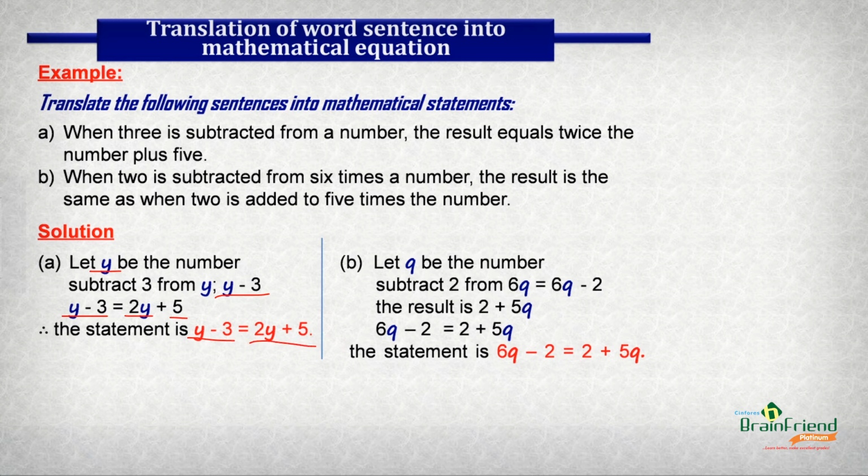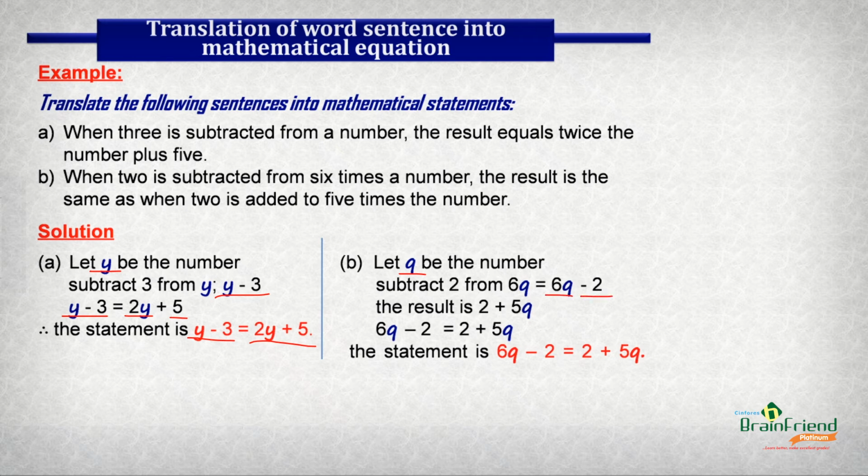To the next example, when 2 is subtracted from 6 times a number, the result is the same as when 2 is added to 5 times the number. Now, we call the unknown q. In this case, it says subtract 2 from 6 times the number. So, 6q minus 2.